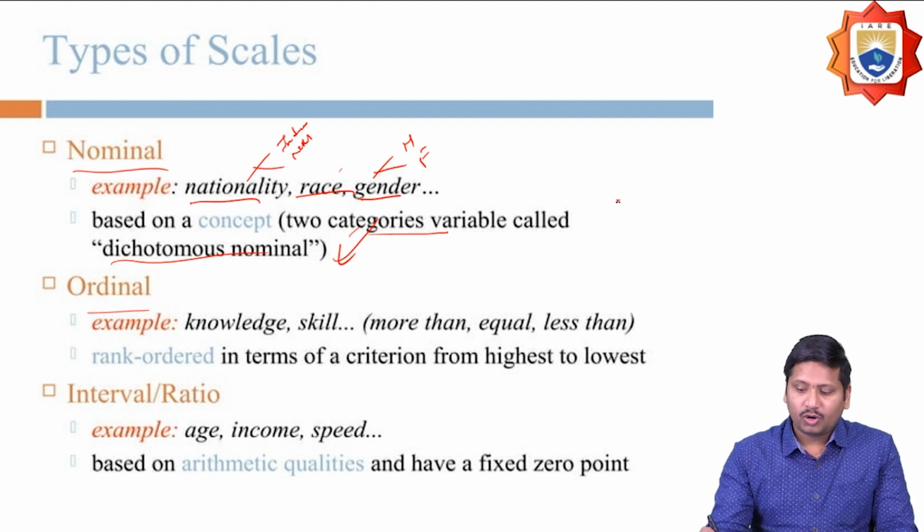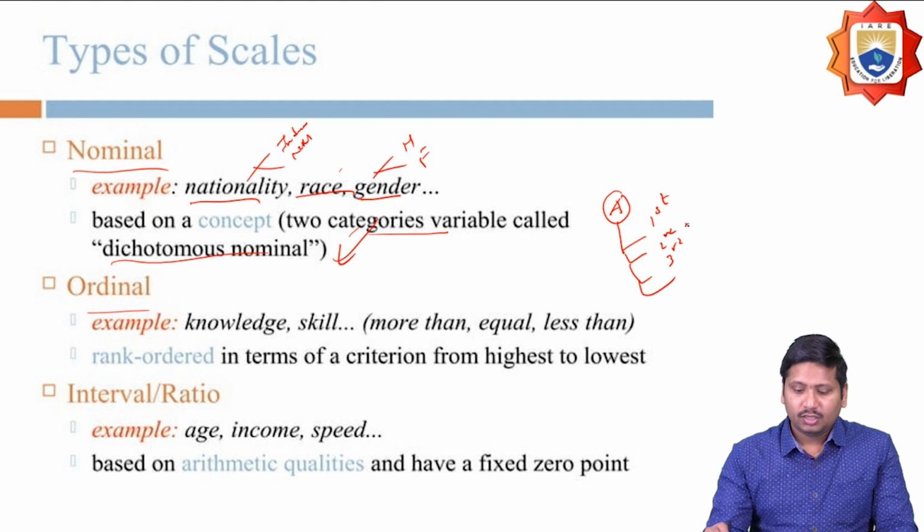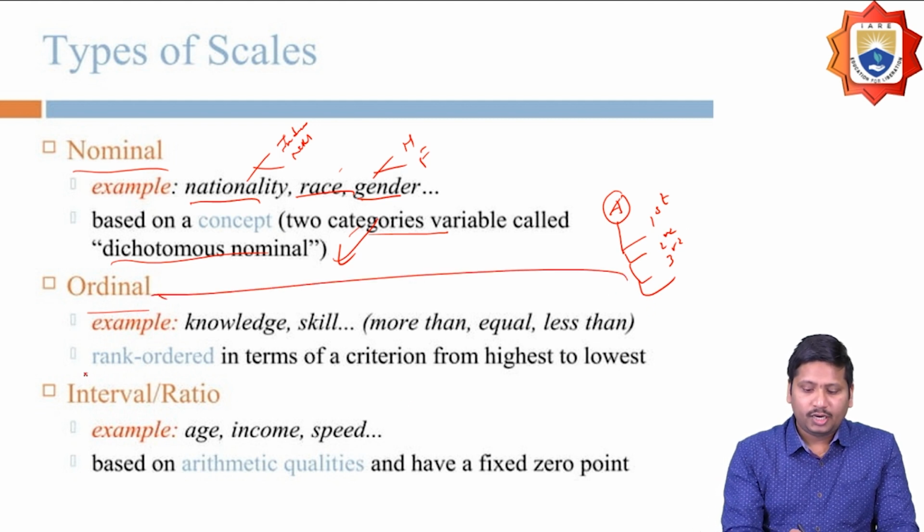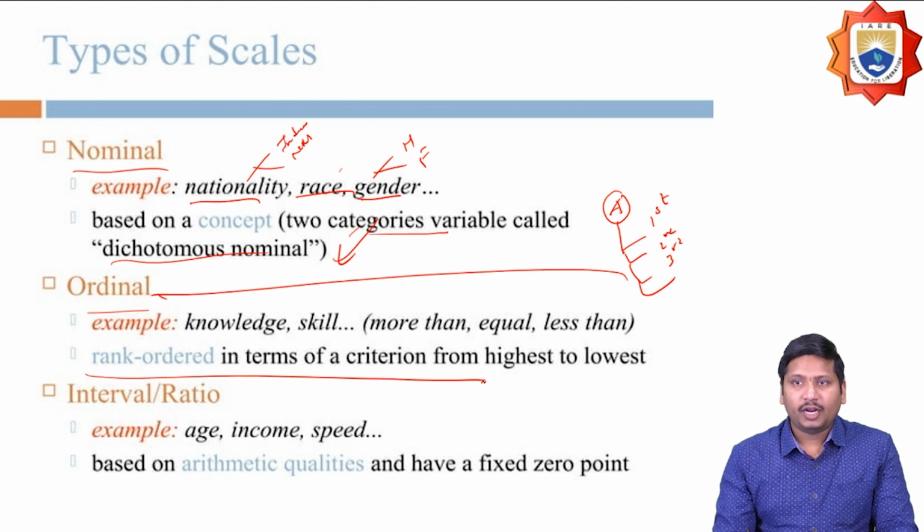Suppose the variable can represent the form of an order or priority: first, second, and so on. Those types of things are considered ordinal. The rank order in terms of a criterion, from highest to lowest, is treated as an ordinal scale.